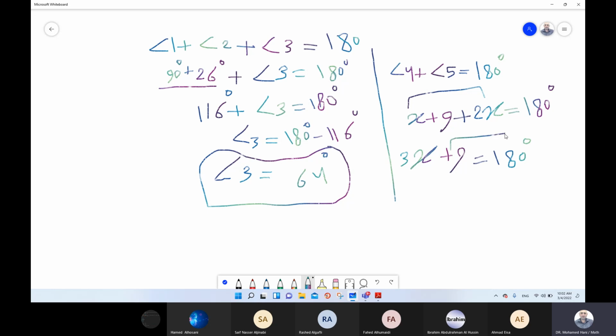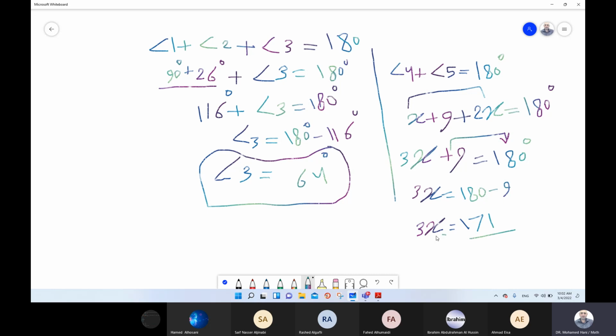Then take 9 to the second side: 3x equals 180 minus 9. So 3x equals 171.